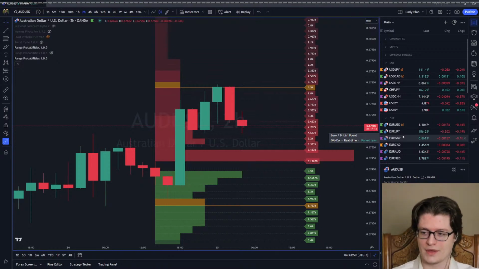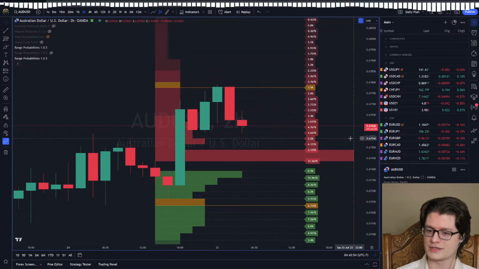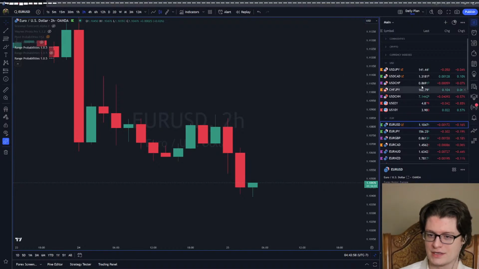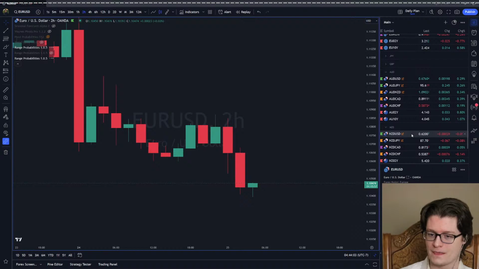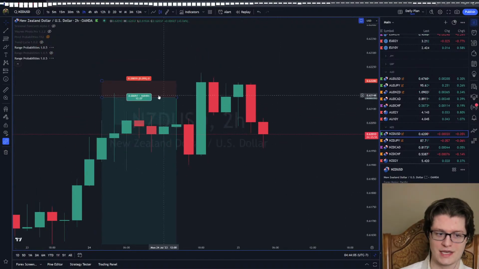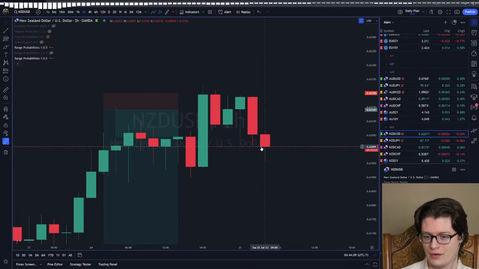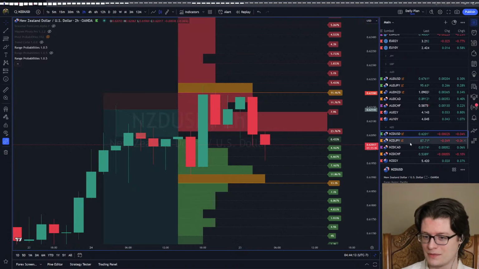But yeah, everything so far so good. The risk from this euro dollar trade yesterday has been successfully managed. I was able to take a tiny loss, get in short again, and now it's doing its job.